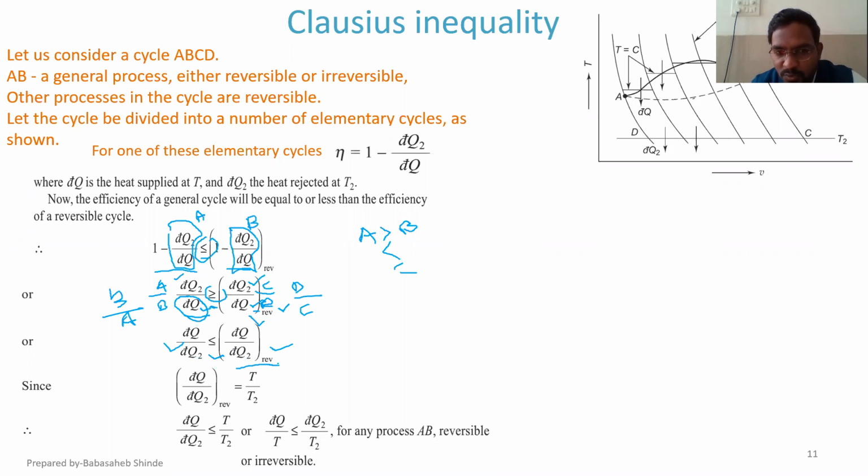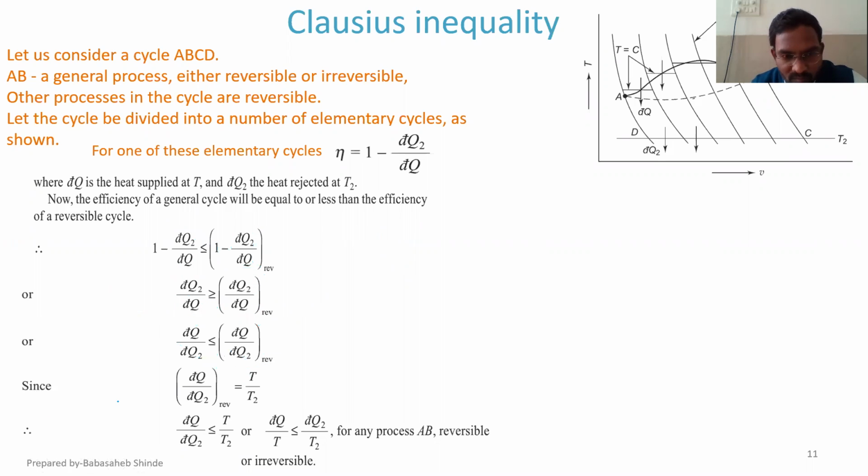Everyone is fine till this point? It is a little bit tricky, but you need to pay a little attention so that you will get what I am saying. Everyone is fine till this point, or do I need to explain? Yes, sir. Okay. Just remember 1 minus a, 1 minus b. If I remove this 1, if 1 minus a is smaller than 1 minus b, then obviously a is greater than b.